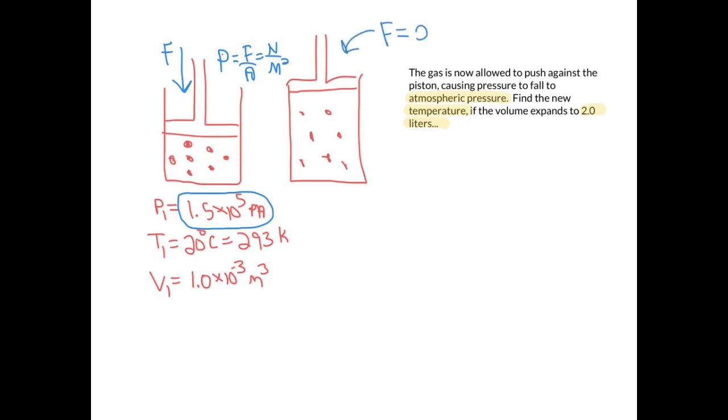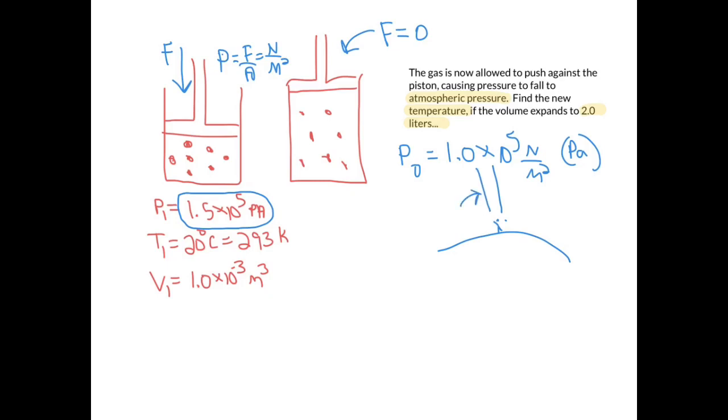We're now going to remove that force and just allow it to come up so that the only thing holding it down is atmospheric pressure, which is typically listed as 1.0 times 10 to the 5th pascals, or newtons per meter squared. What that basically means is, if you're standing on the surface of the Earth, the weight of that cylinder of gas above your head, the weight of the atmosphere pushing on you, is the atmospheric pressure.